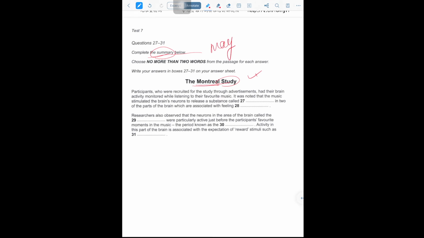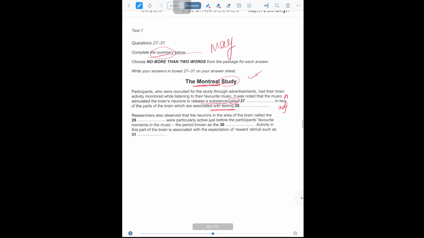We'll highlight them together. Montreal, the location name. Who were recruited for the study through advertisement had their brain activity monitored. It was noted that music stimulates the brain neurons to release a substance called something. So here it should be a noun. And two parts of the brain which are associated with feeling something, maybe an adjective, feeling sad, feeling happy.